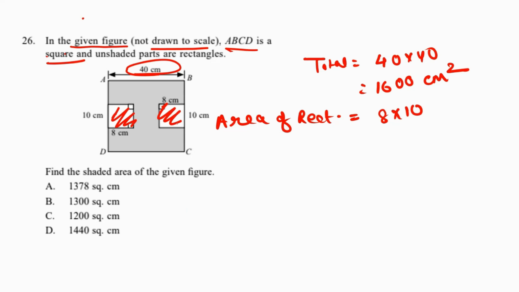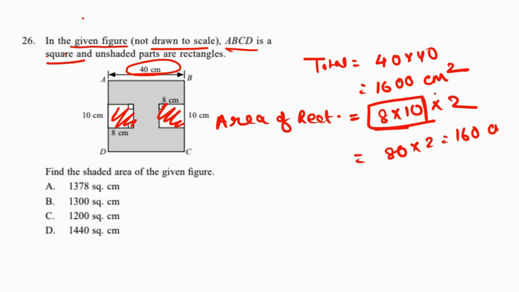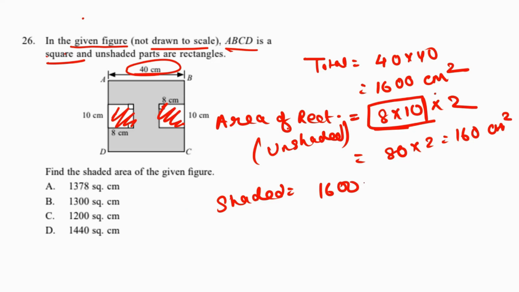And since both of them are the same, we can multiply it by 2. So that's 80 into 2, 160 square centimeter. This is the unshaded portion total we have. So for the shaded portion, we just need to subtract both of them. 1600 minus 160 would give us 1440 as the answer. Option D.